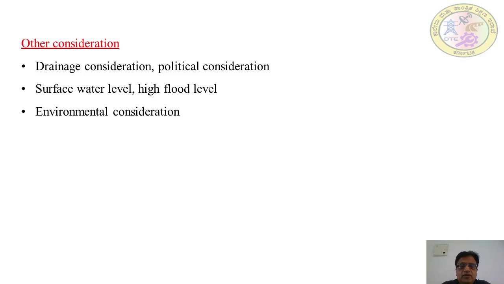Whatever the representative says, one has to obey and act according to the rules and regulations. So drainage as well as political consideration plays a very important role in taking the alignment. Surface water level, high flood level, all these factors will influence the direction of alignment, and also environmental consideration.